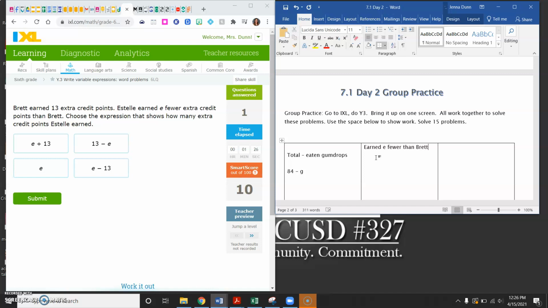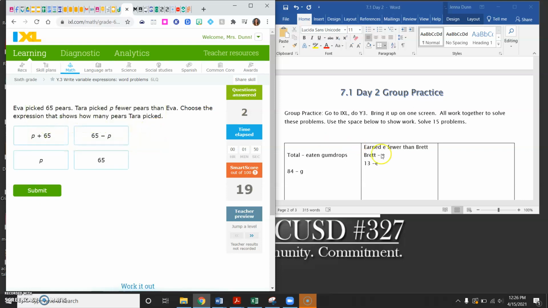Now fewer is a flip-flop word, so I really need Brett minus E. So Brett I know is 13, so I'm going to do 13 minus E. The only difference here is I'm not highlighting. I'm taking the words and putting them here, and then turning that into an expression. So I do have 13 minus E there. This is what your work and your answer should look like, and that's how you're doing it with your group in IXL.